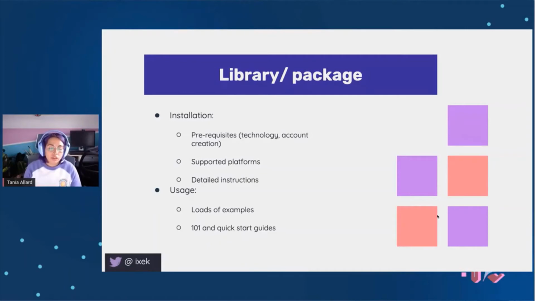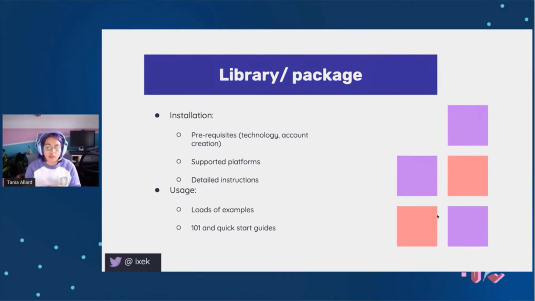Also, you want your users to be able to use your library or your package as soon as possible and as fast as possible. That is one of our ultimate goals when we write documentation: help folks to upskill and use what we are building for them. So make sure to include loads of examples, and 101s, being entry-level guides, samples, or quick start guides.